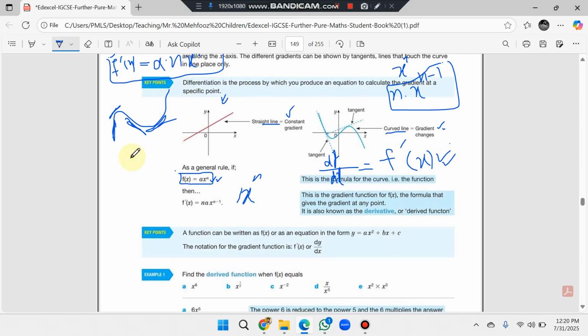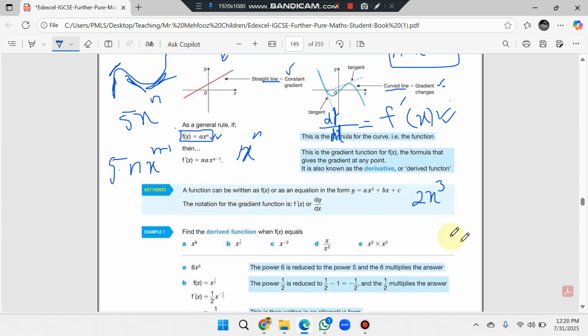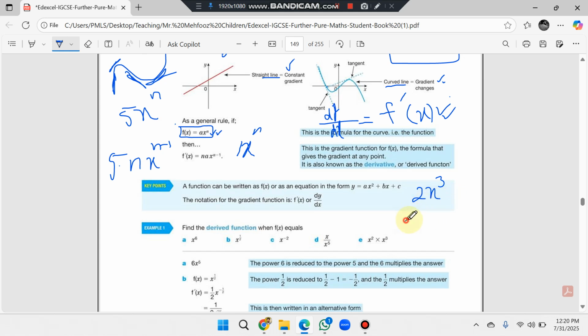Again, let's suppose we have 5x raised to the power n, so it becomes 5 multiplied by n, x raised to the power n minus 1. This is its derivative, right? In a specific case, let's suppose we have 2x raised to the power 3. The derivative of that function becomes 2 as it is, the power goes to the start, and x raised to the power 3 minus 1, so it becomes 6x squared. Understand?